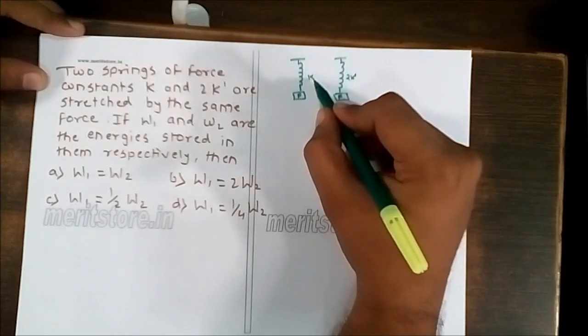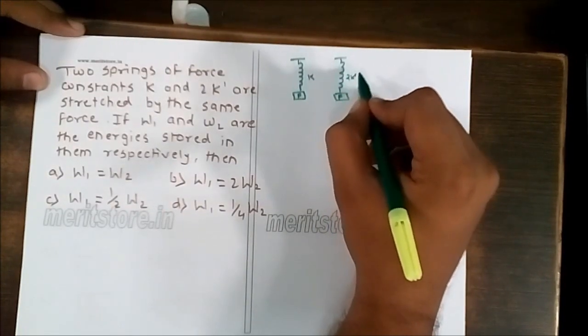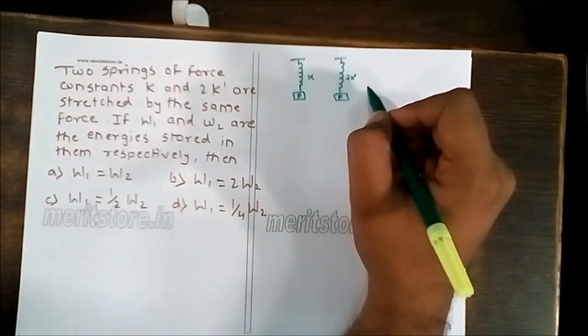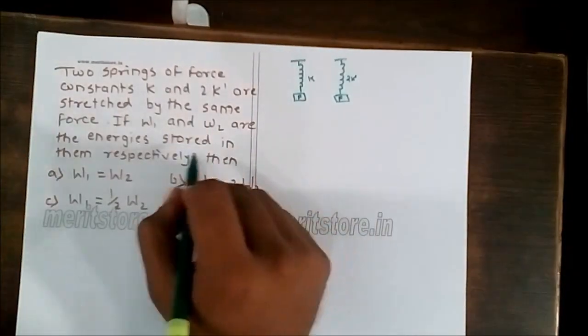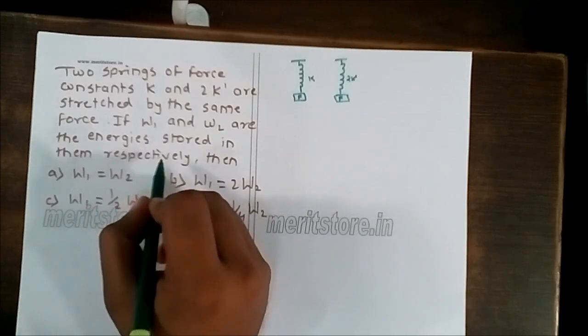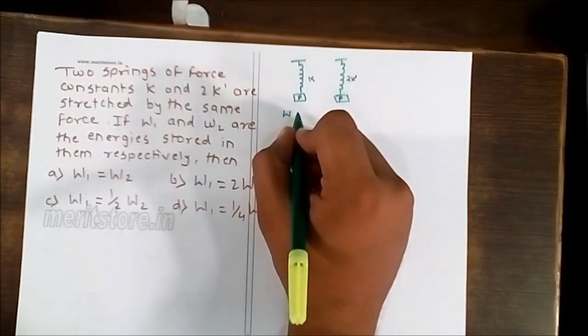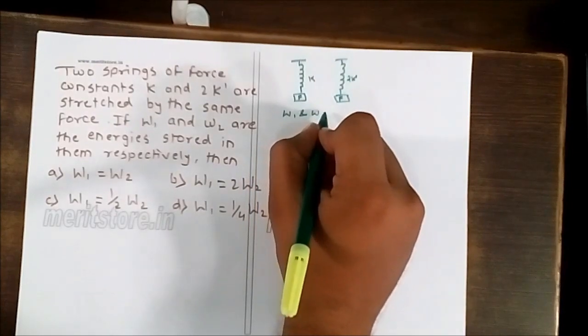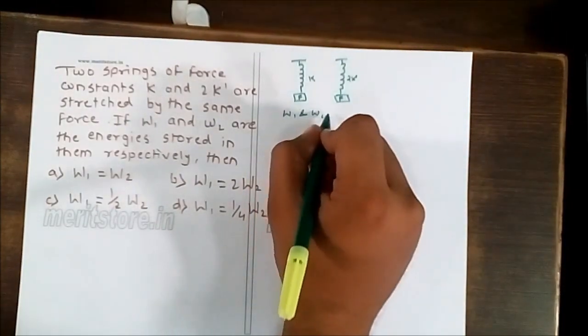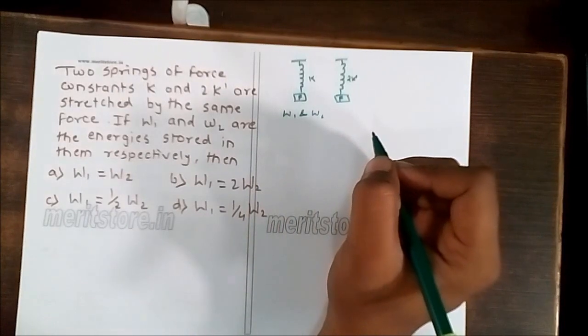It's not the double of K, it's a different force constant 2K dash. So it's a bit of a tricky question. If W1 and W2 are energy stored in them, that means it will be potential energy W1 and W2, then the relation between them we have to find out.